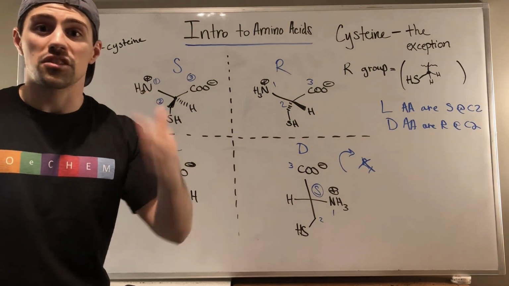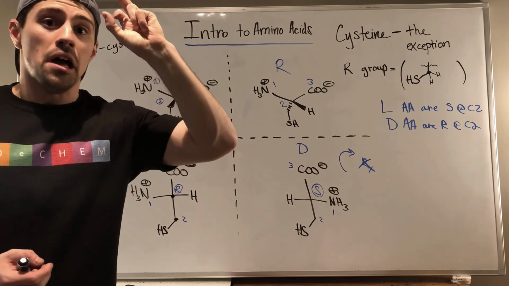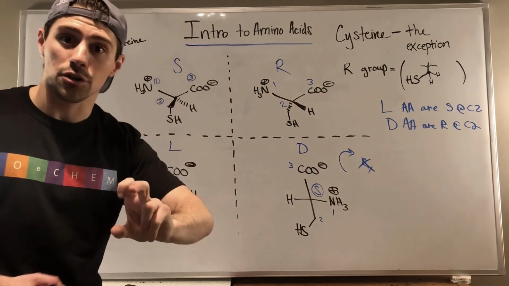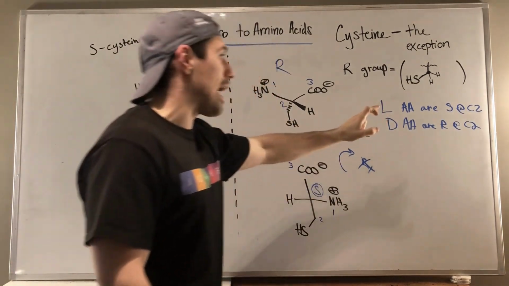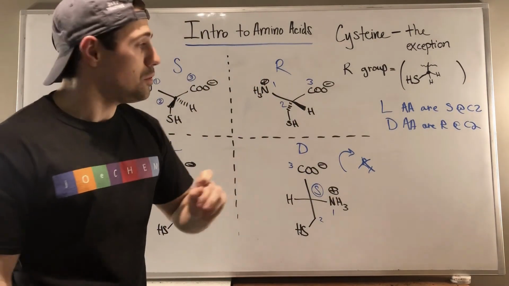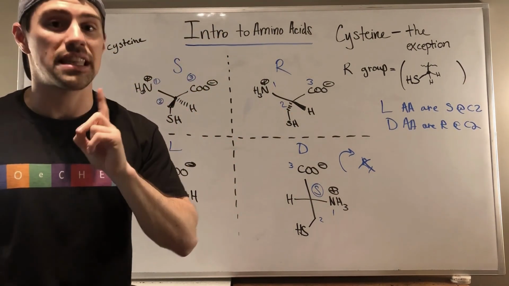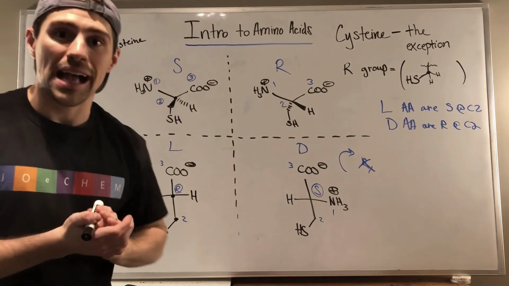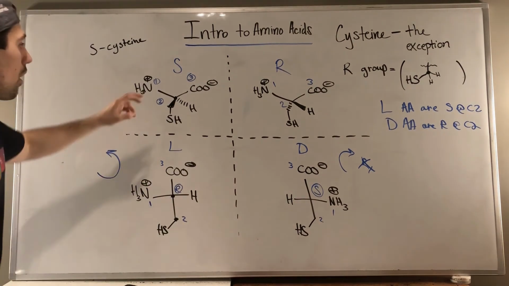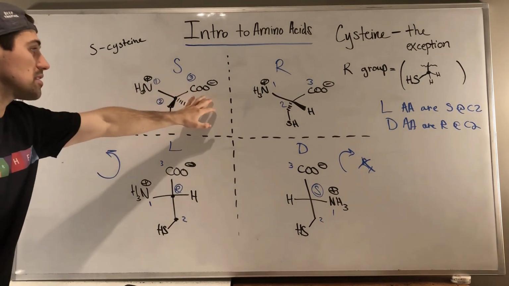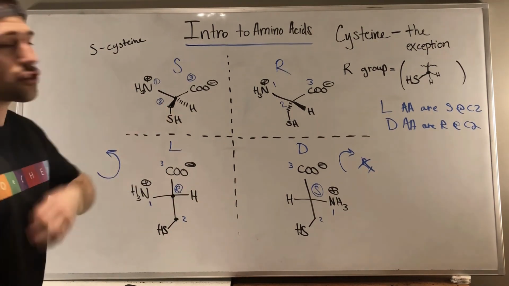And we discovered that because the priority chain usually goes amino group, carboxylic acid, R group, we saw that almost always L amino acids have an S configuration at C2 and D amino acids have an R configuration at C2. However, there's one exception to that rule within the realm of our essential amino acids. That outlaw is cysteine, and it boils down to the fact that the R group is a higher priority than the carboxylic acid because of the sulfur that is attached to the first carbon.